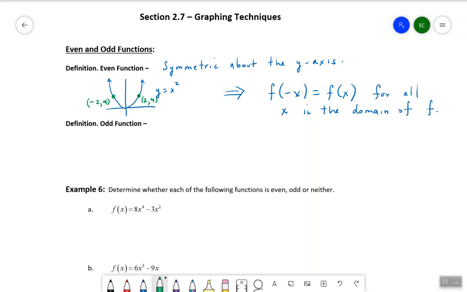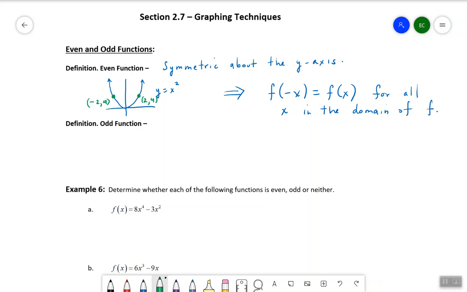And so in this particular example, the value of x would be 2. f of negative 2 is equal to f of 2. They're both equal to 4. And so if that's true for all of the values of x, then you have a graph like this, a function like this that's even.